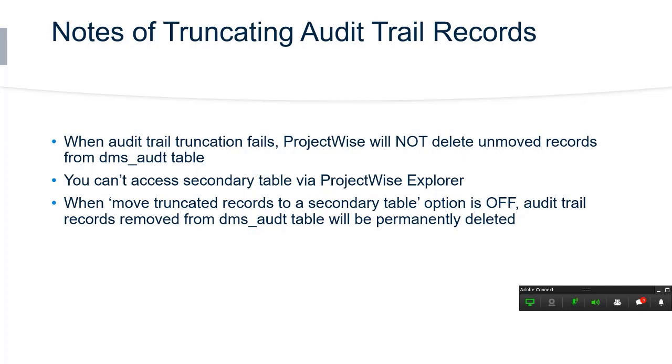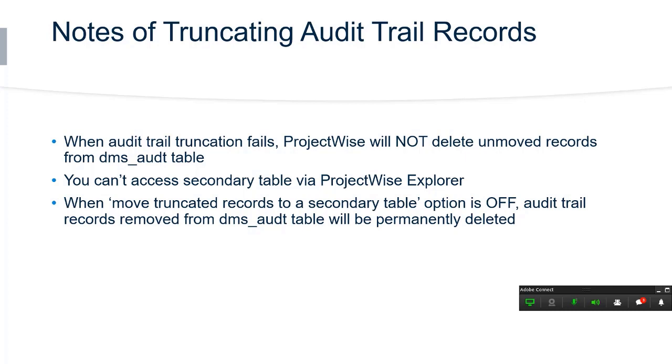It really depends on how many records you are truncating from the primary table to the secondary table. It can take days. If you enable the truncation during the weekdays, it may drastically slow down the performance of the ProjectWise database, and as a result, it's going to slow everybody down. So you better find a weekend to do so.